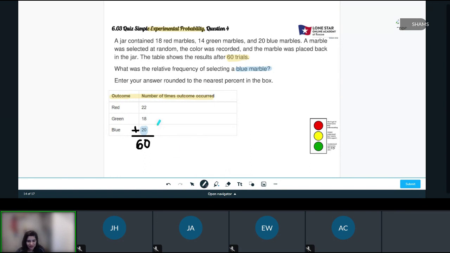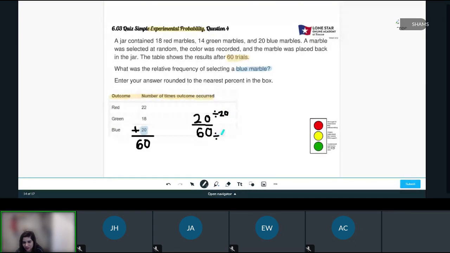Absolutely. So the chance of getting a blue is 20 out of 60. If you reduce it by 20, you will get 1/3.